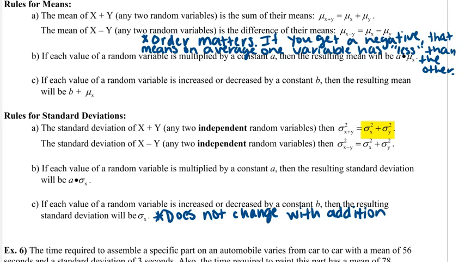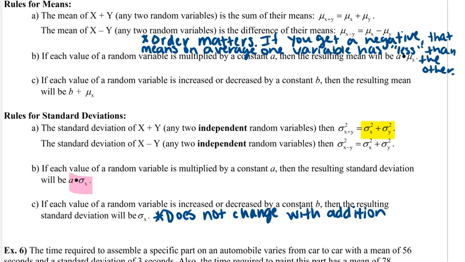Now, our rule for multiplying stays the same as previously for the mean. If you are going to multiply every single value in your data set by some value, you are also going to do that with your standard deviation. So this guy right here stays the same from means. You have to be really careful with part C though.